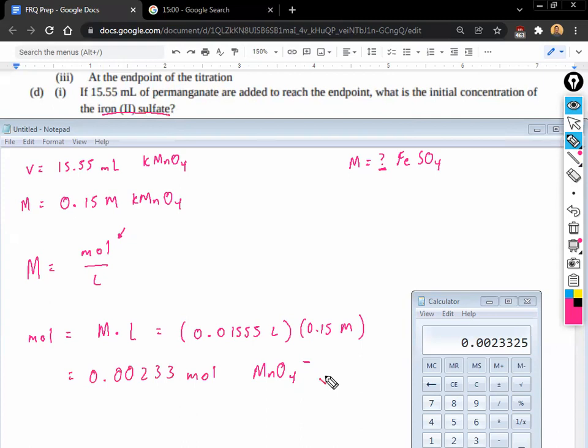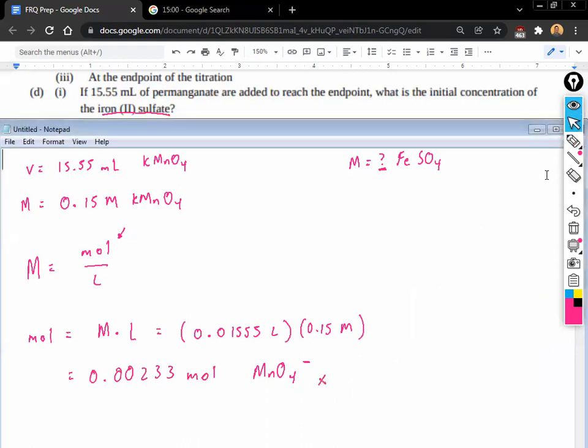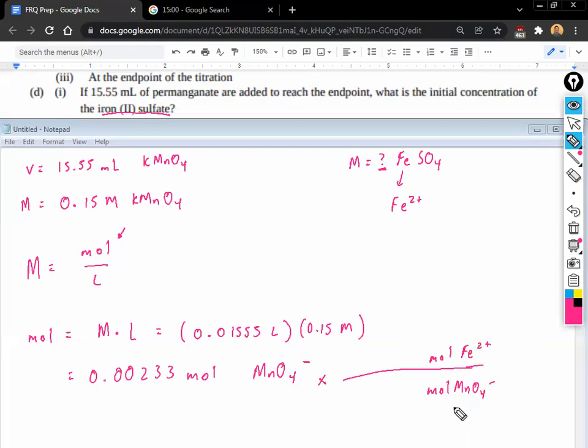So we're going to set up a mole ratio where we use our balanced equation to cancel out the moles of MnO4 minus, and find what it reacted with, Fe2 plus, because SO4 doesn't do anything in the net ionic equation. So we're looking for moles of Fe2 plus. If you take a look at your balanced equation, what's the number in front of Fe2 plus in our balanced net ionic equation?